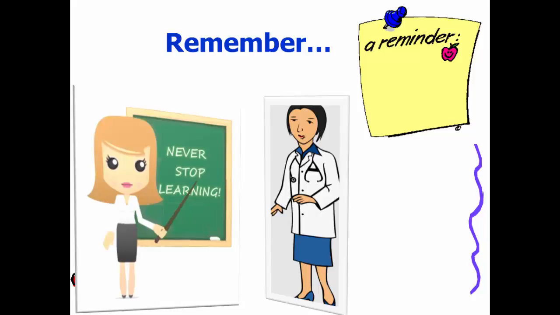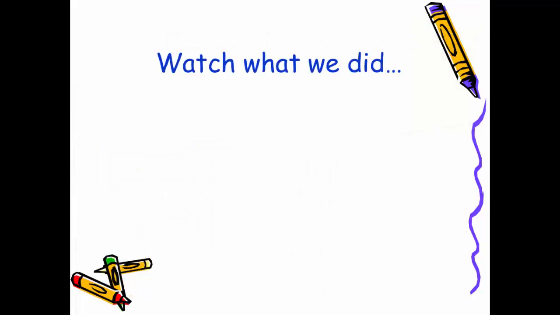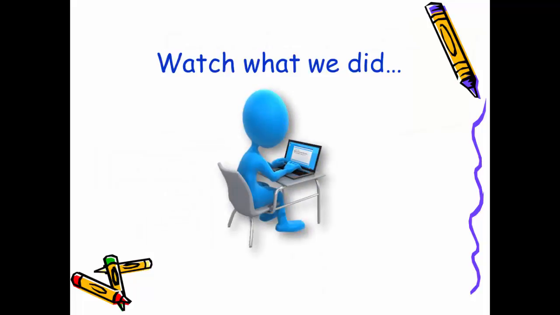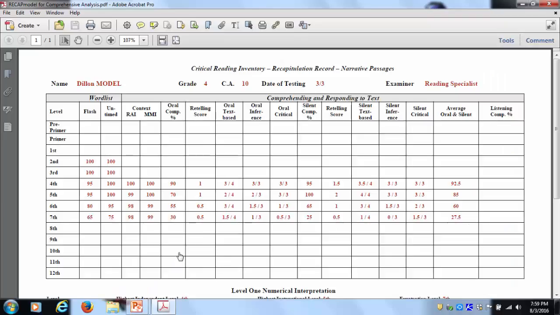You need to be sure that off goes the teacher hat and on goes the doctor hat. Why? Your goal is assessment. Watch what we did with this student to be sure our teacher hat was off and our diagnostician or doctor hat was on. So here we have it.